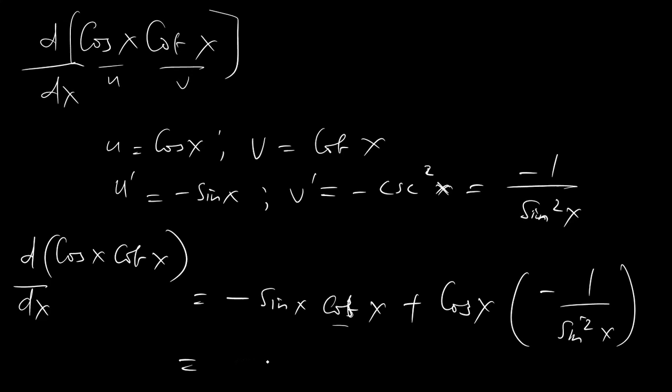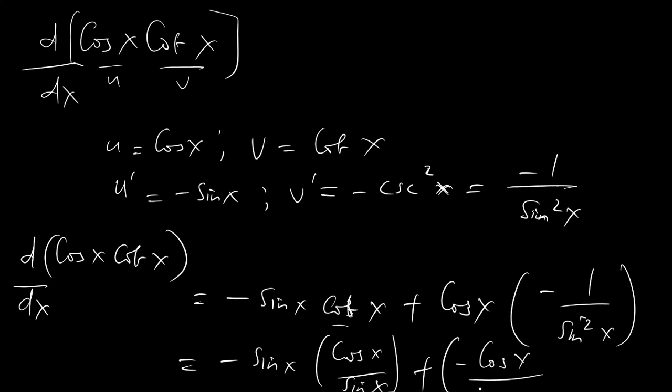Cot x is the same thing as cos x divided by sine x. So plus, in brackets, minus cos x all over sine square x.